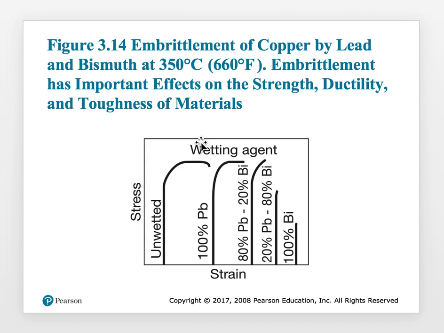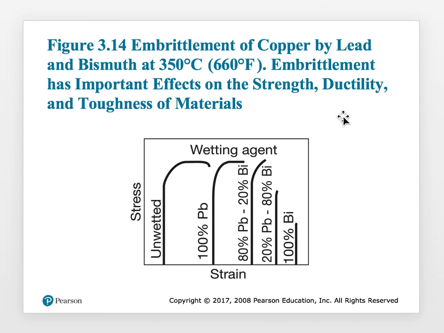One thing that happens is when you combine different materials, they can embrittle the other material. For example, if you add lead or bismuth to copper, they can embrittle copper.